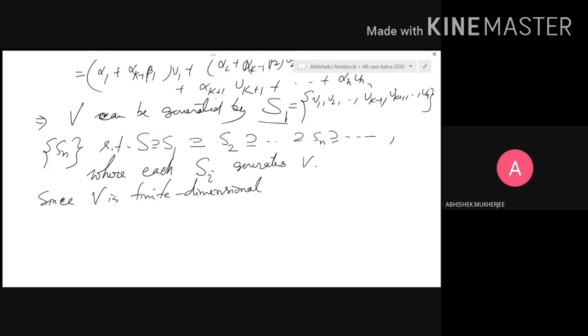So this deletion must terminate because V is finite dimensional. And maybe at the last stage we shall get a singleton set which contains a non-zero vector. For that reason, this singleton set must be linearly independent and it will generate the vector space V.